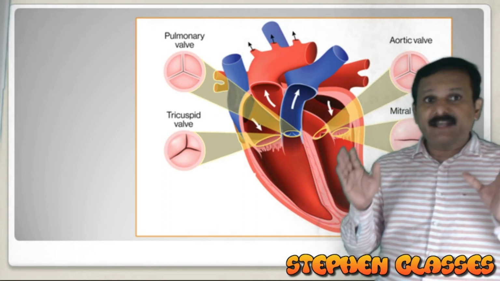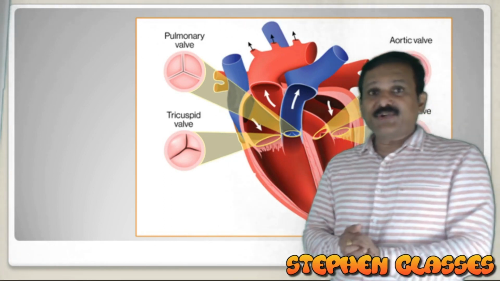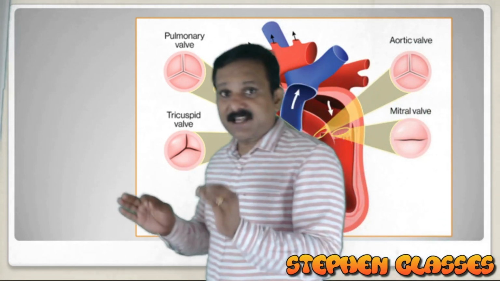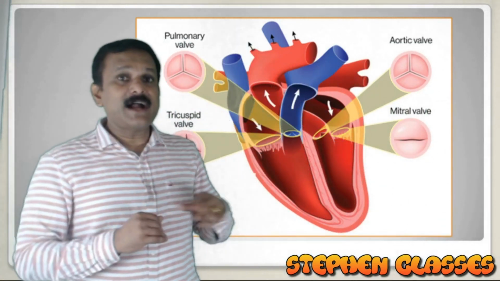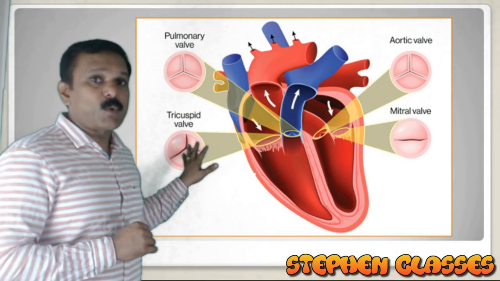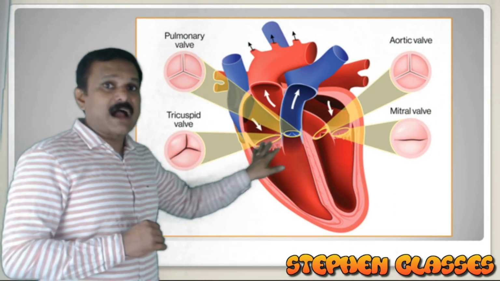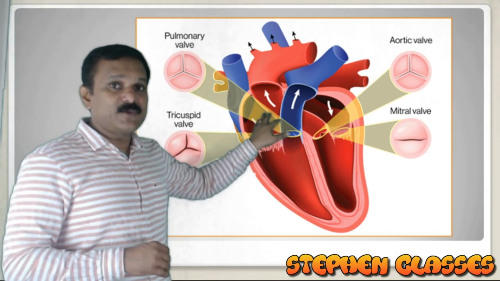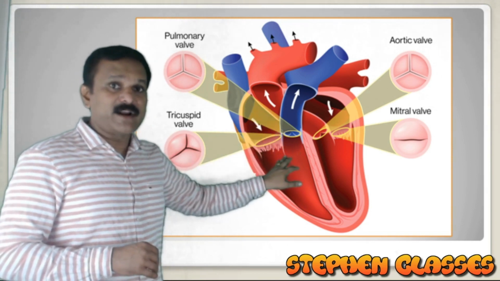This is about the different valves. You should have a clear idea about the different valves present in our heart. Our heart has a tricuspid valve. The right AV valve is called tricuspid, and it is between the right auricle and the right ventricle.